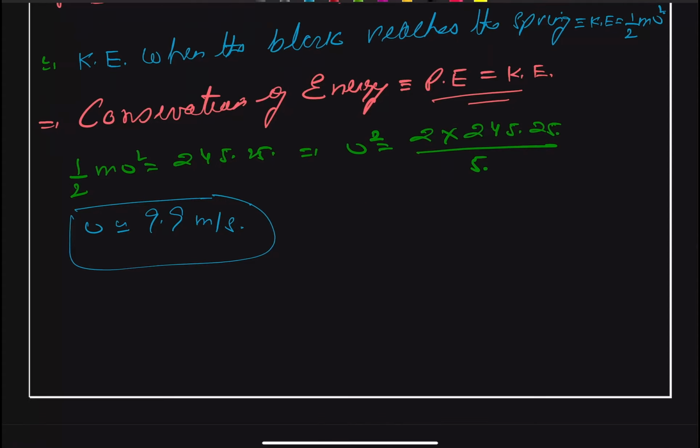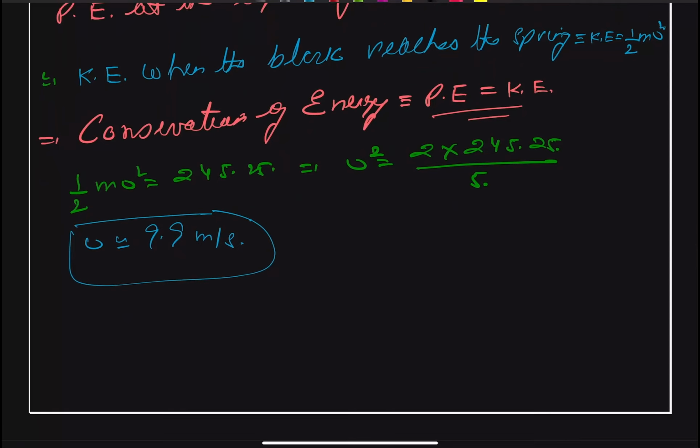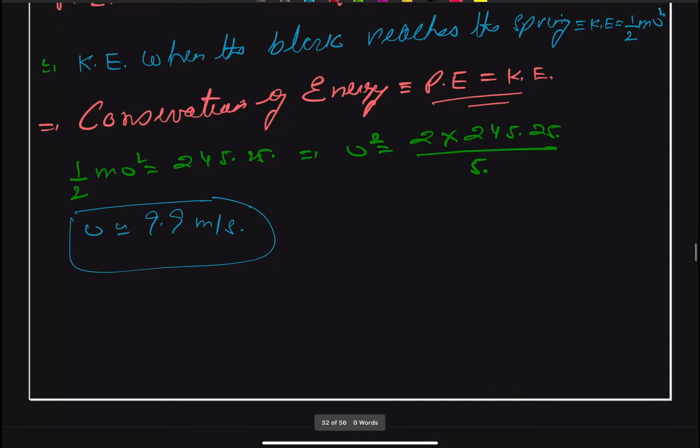So let us assume that the spring is compressed by a distance of x. So it means the kinetic energy is converted into elastic potential energy because of the compression.